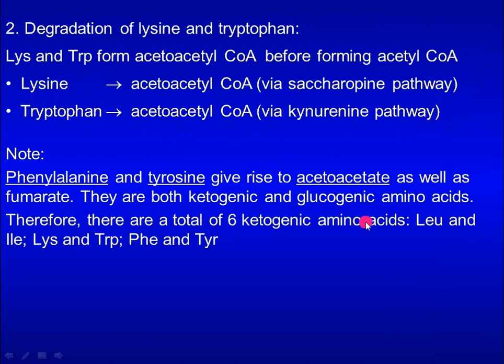Phenylalanine and tyrosine give rise to acetoacetate as well as fumarate. They are both ketogenic and glucogenic amino acids. Altogether, there are a total of 6 ketogenic amino acids: leucine, isoleucine, lysine, tryptophan, phenylalanine, and tyrosine.